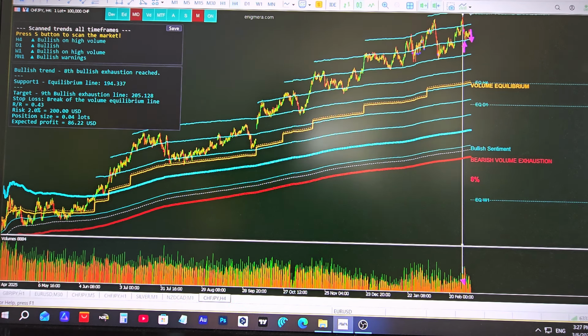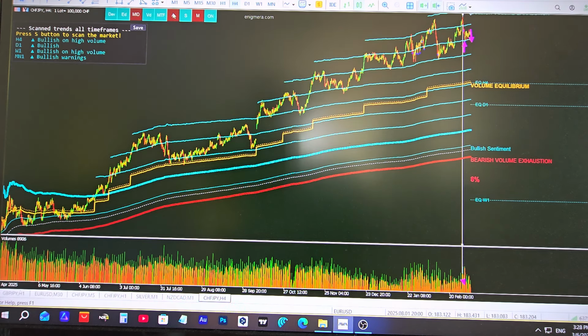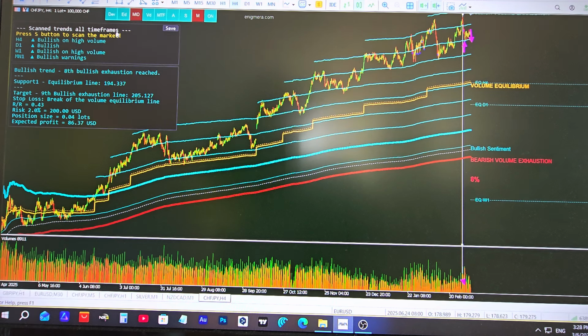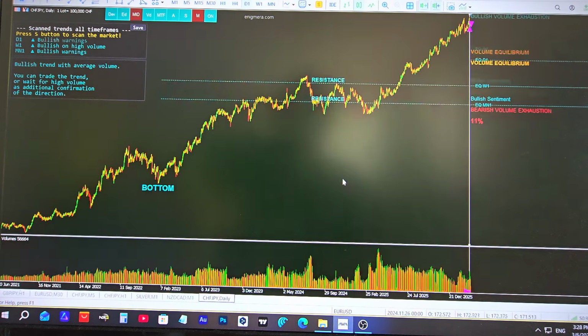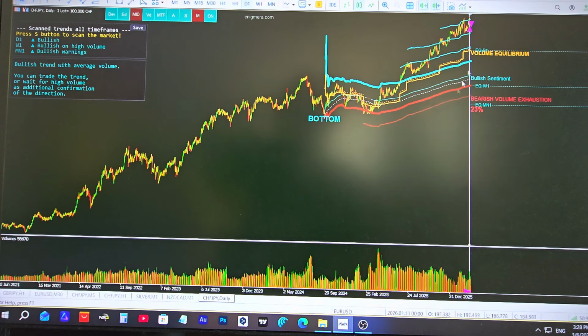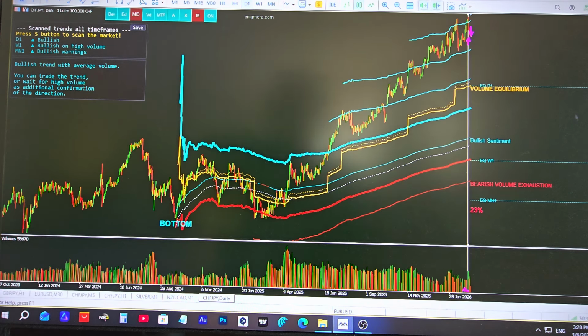This is not interesting for me to trade because my volume equilibrium, where is the most interesting place to open the orders, is far away from the current position on the market. Let us check what is the analysis. The analysis is you got levels, risk reward, etc., which is not interesting. The next one here is the same.